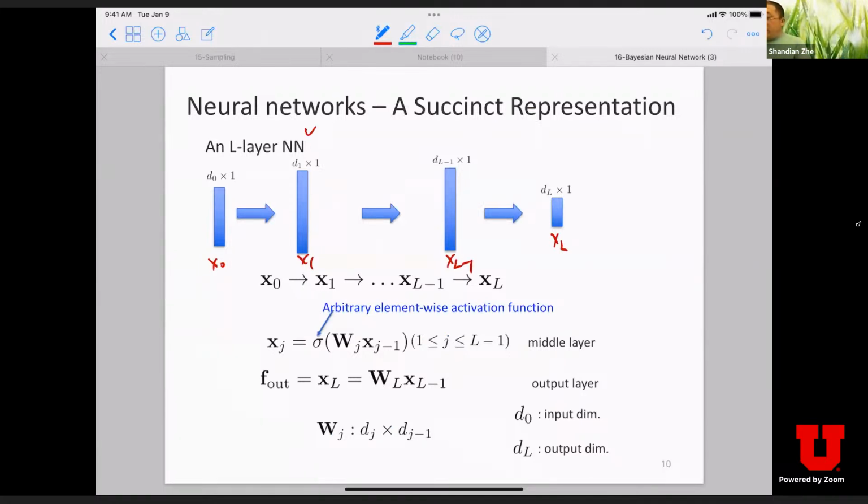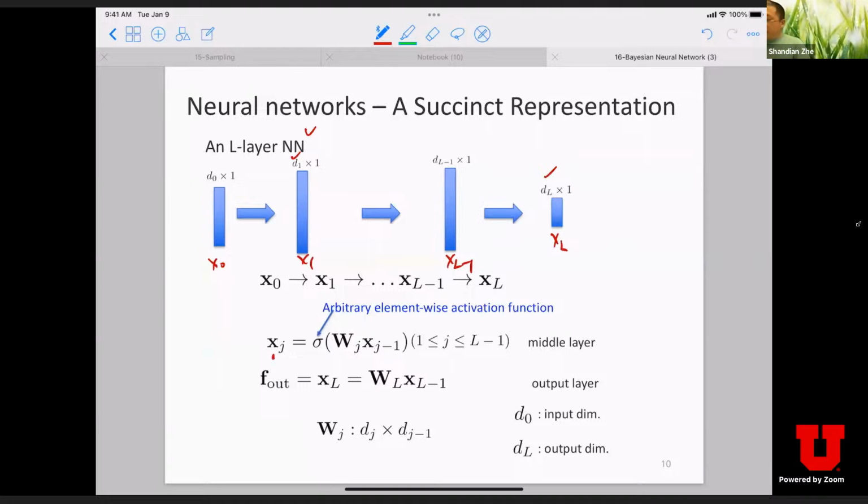Without loss of generality, we assume the dimension of the output in layer 1 is D1, in layer 2 is D2, and at the L-th layer is DL. Then the rule to sequentially compute the output of the neural network layer by layer is as follows.